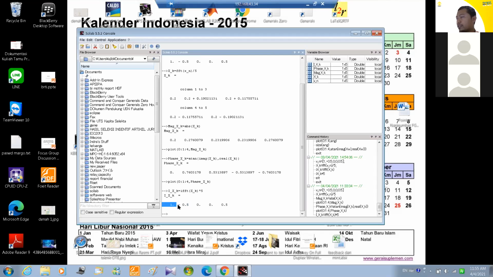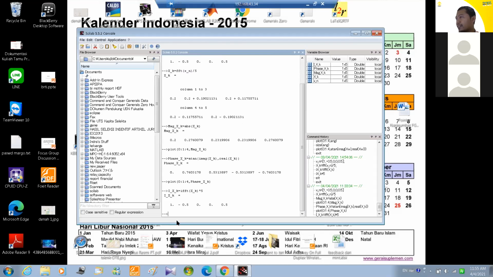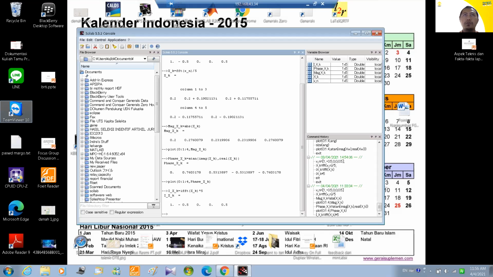You remember this, it's just this equals this one, xn. So inverse xk is equal to xn. Very simple. Any question? No questions.